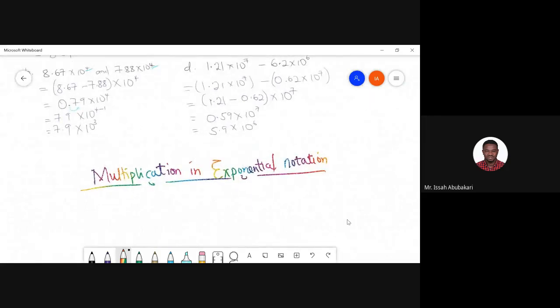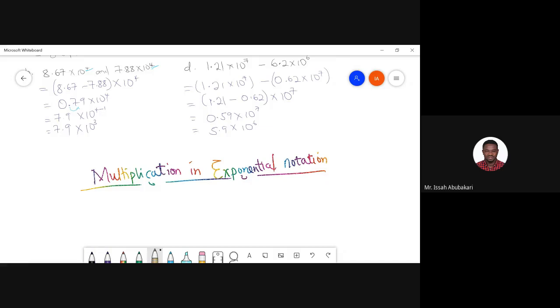So as usual, we first of all write down the general formula, okay? And after that, we try to explain it and we try examples. So with the general formula, we are going to have something like this.